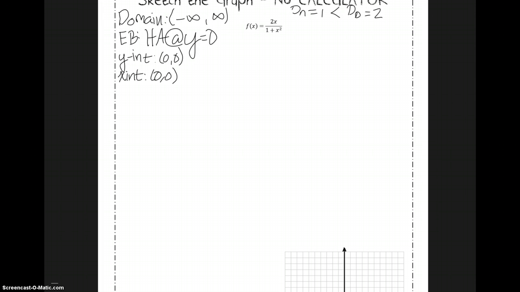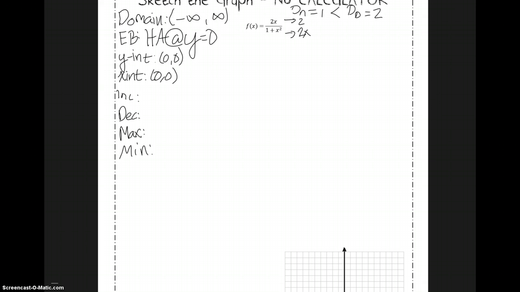Now it is time for the first derivative test to find intervals where we are increasing, decreasing, any maximums, and any minimums. To find our derivative, we will need to use the quotient rule. The derivative of the top part is just a 2.